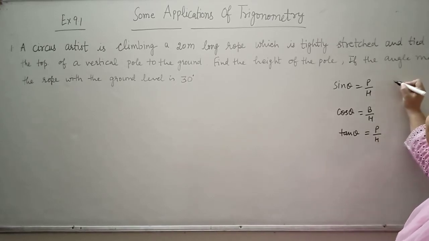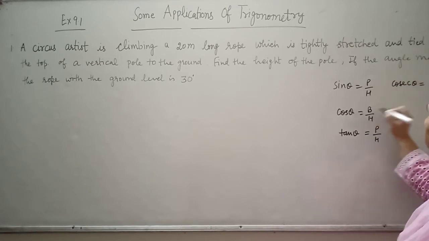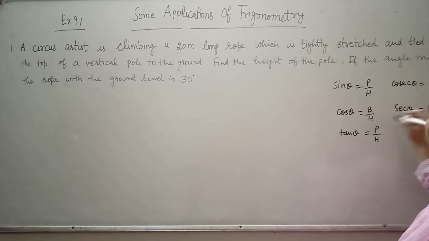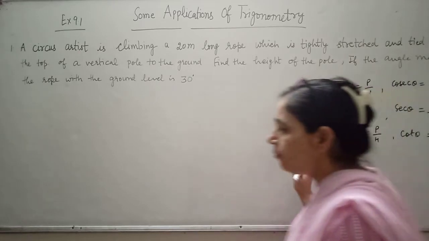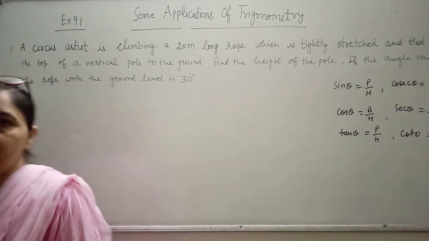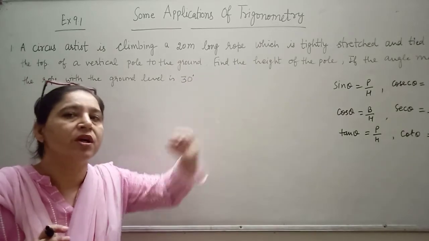Cosec theta is the reciprocal of sin theta, secant theta is the reciprocal of cos theta, that is hypotenuse upon base, and cot theta is the reciprocal of tan theta. You must memorize these; when you do these questions, they should all be in your mind.